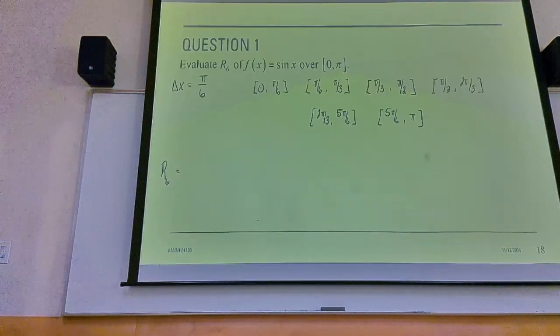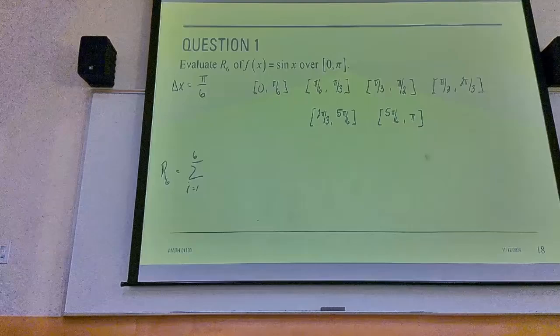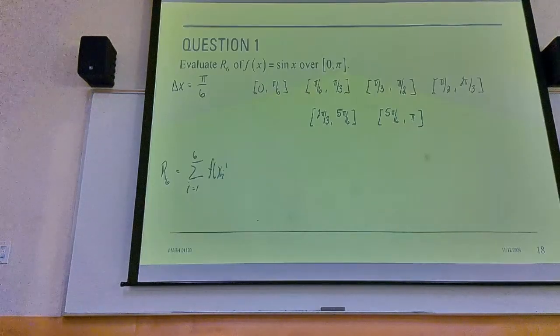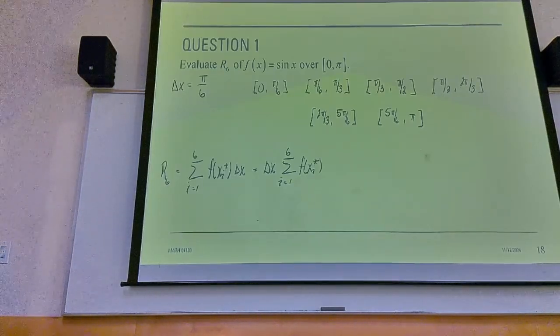So we're just adding all those together now. But remember, delta x is constant. So we can pull the delta x out of the summation.